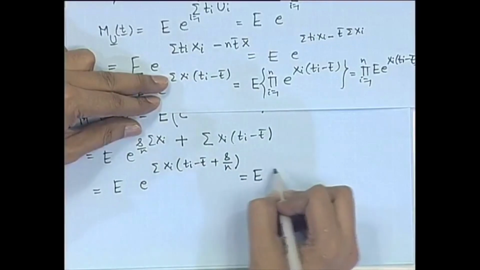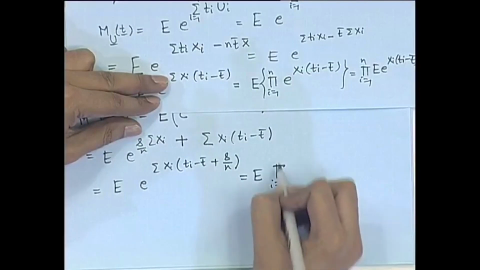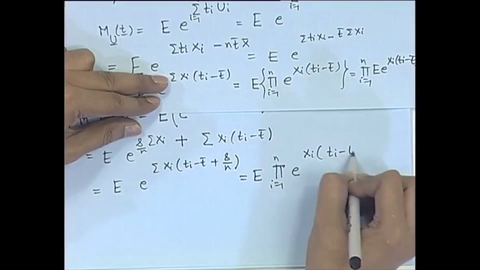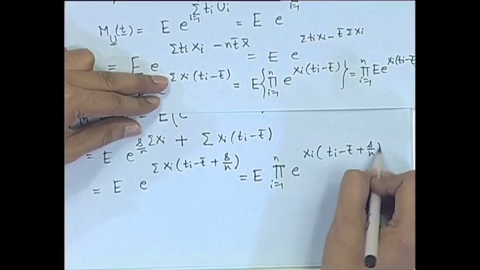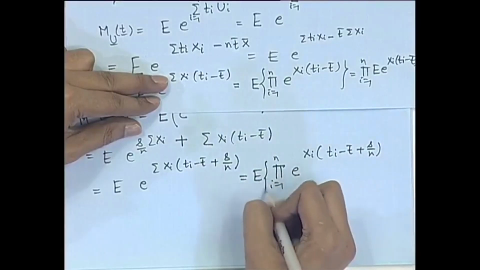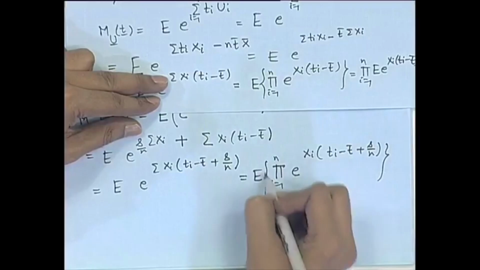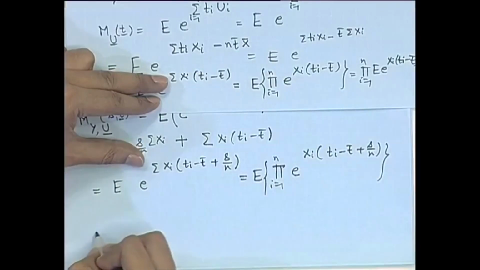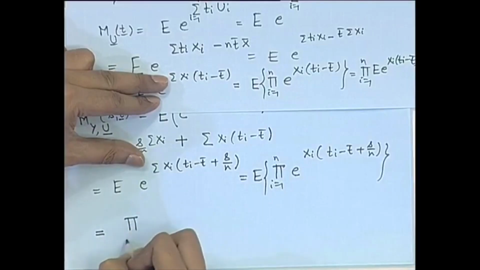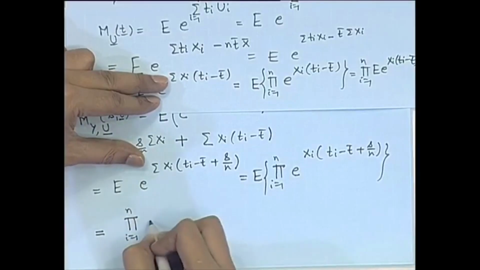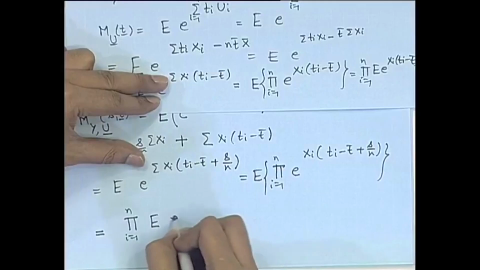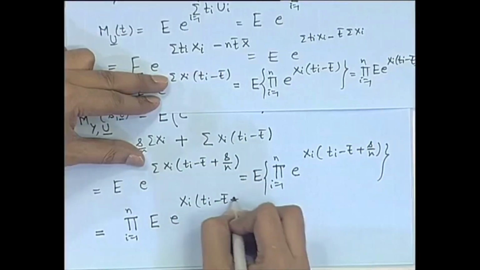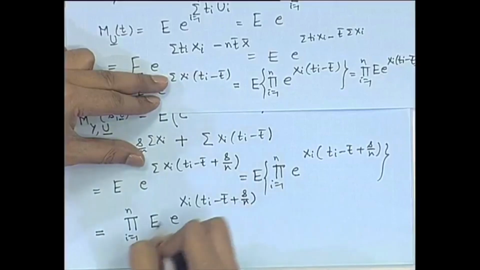So, this we express as the product over i equal to 1 to n of e to the power x_i (t_i minus t bar plus s by n). And once again, since the x_i's are independent random variables, the expectation of the product becomes the product of the expectations, product over i equal to 1 to n of the expectation of e to the power x_i (t_i minus t bar plus s by n).